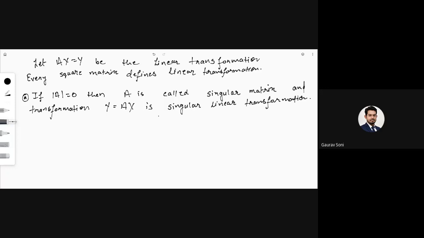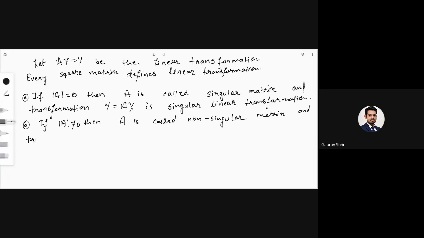Similar thing will happen for the other one. If determinant of A is not equal to 0, then A is called a non-singular matrix, and the transformation y = Ax is called non-singular.